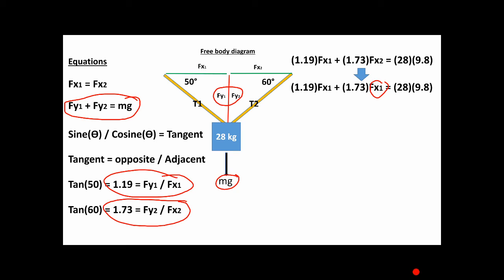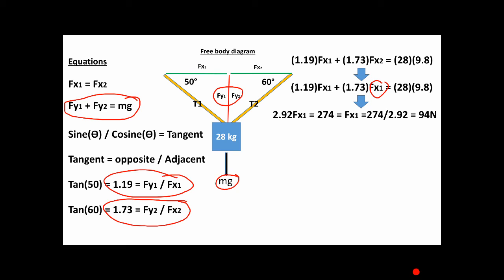So now all we have to do is a little bit of algebra. We'll just collect like terms, and we end up with 2.92 times Fx1 equals 274. Again, if we solve for Fx1, that is just simply 274 divided by 2.92.